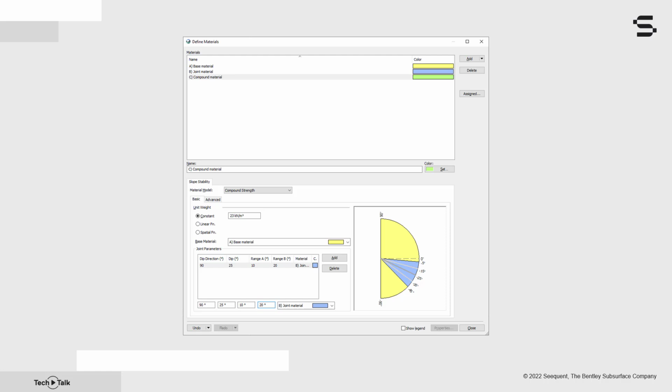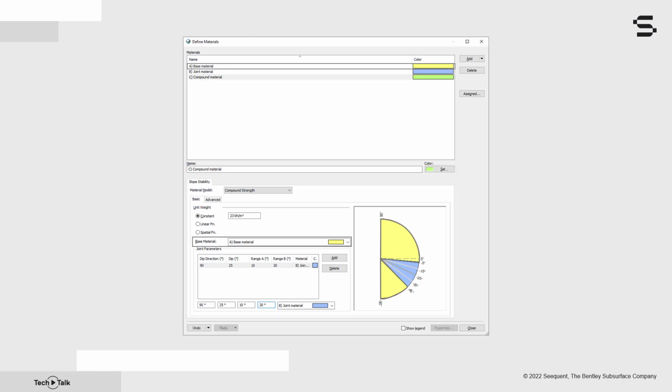When defining the compound strength material model in SLOPE/W, the dip direction and dip of a joint set or weak layer are required. As its name implies, this material model is in fact an aggregation of other materials stitched together into a single material. In this figure, the green compound strength material is being defined below.